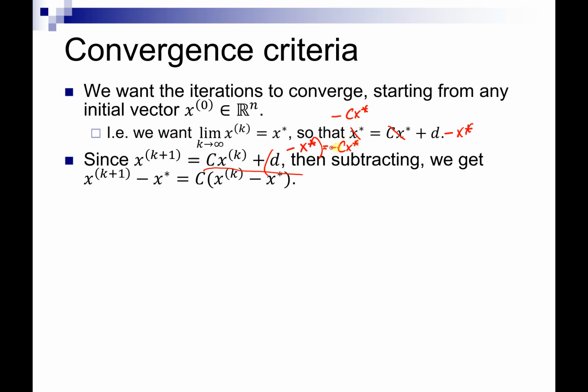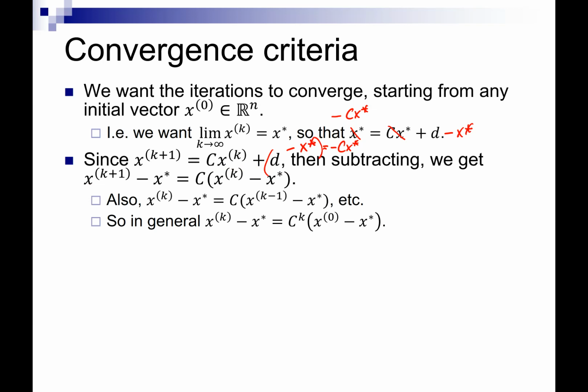Then you factor out the C, and the right-hand side is equal to C times x of k minus x star. So the left-hand side is x of k plus 1 minus x star, and this equals C times x of k minus x star.